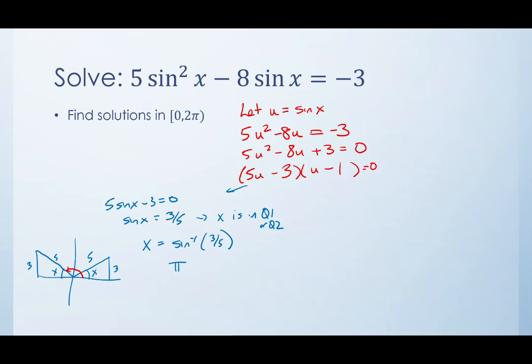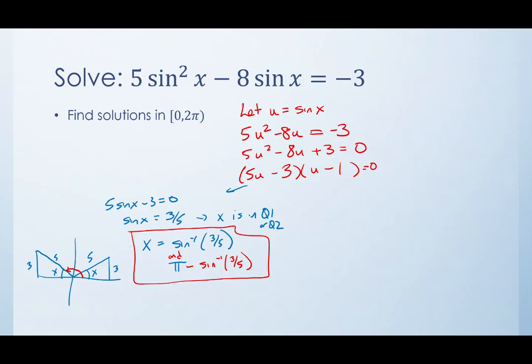From the positive x-axis all the way over into that angle in quadrant 2 is really pi, 180 degrees, minus that inverse sine, that first quadrant angle. So those are our first two answers.